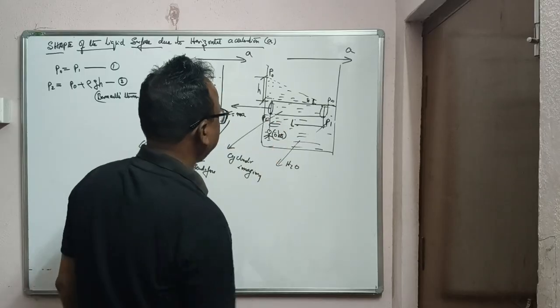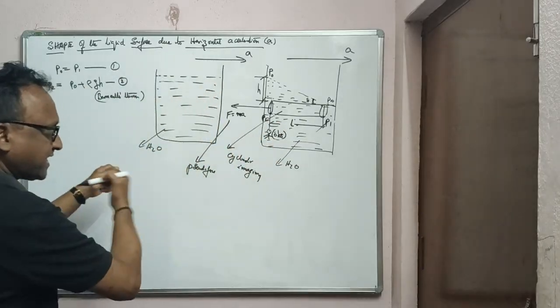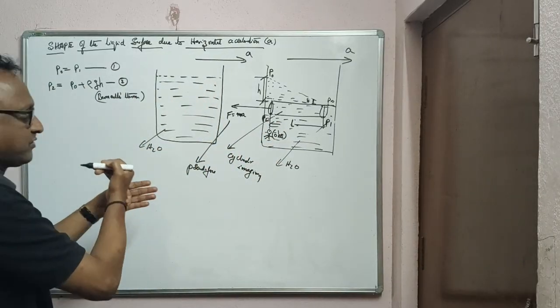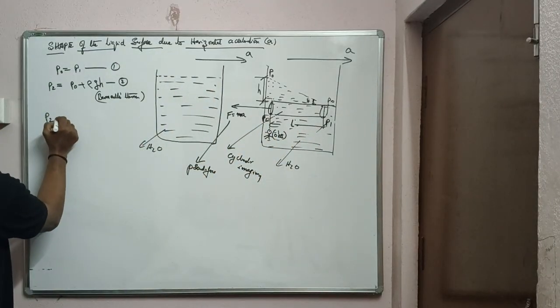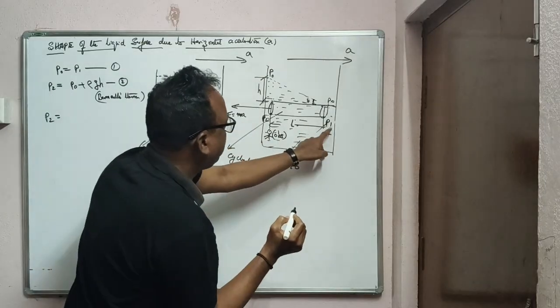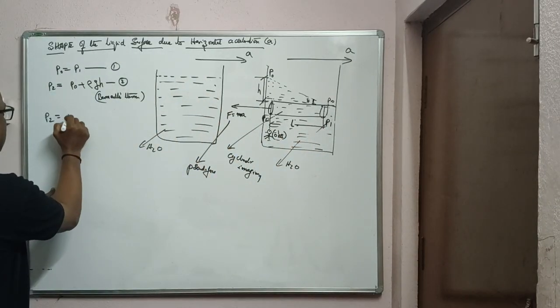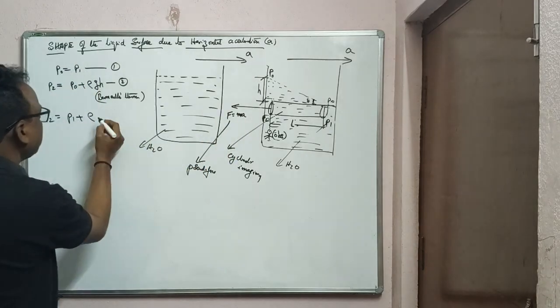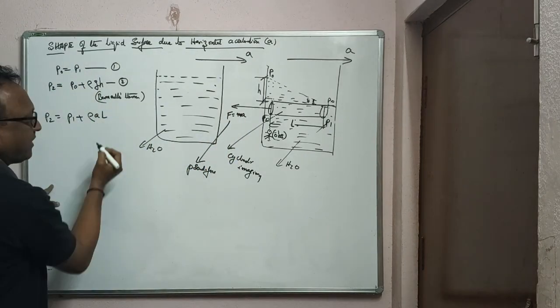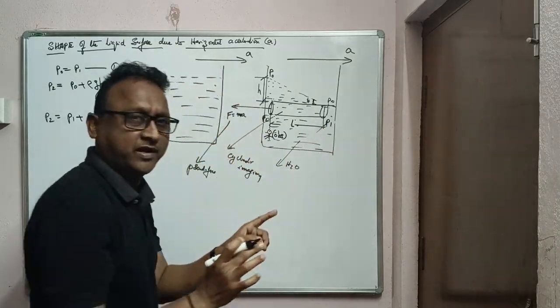This is one point, this is another point. Because it is moving in this direction with acceleration, F is equal to ma, the pressure is higher on this side. So what is P2? P2 is equal to P1 plus rho A L, because it is moving with acceleration A, and L is the length of the cylinder. Do you understand the point?